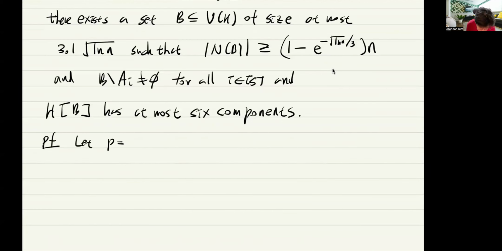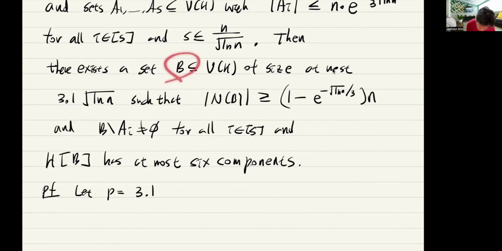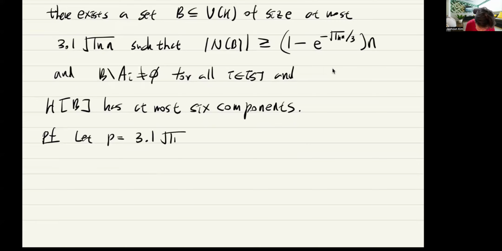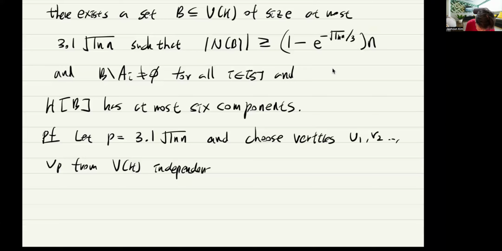Let P be the size of B that we want to choose. Let's say this is 3.1 times square root of n, and we choose vertices B1, B2, ..., BP from the vertex set of H independently at random with repetition.